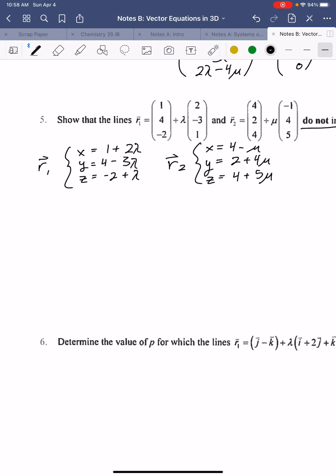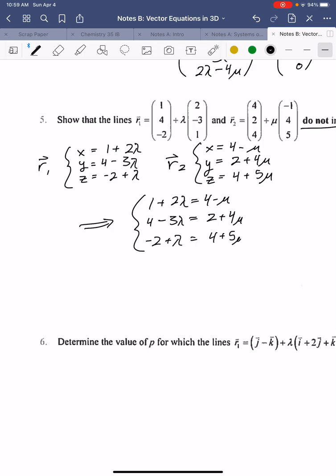So now we're going to equate them to each other. Therefore we get 1 plus 2 lambda equals 4 minus mu, 4 minus 3 lambda equals 2 plus 4 mu, and finally negative 2 plus lambda equals 4 plus 5 mu.